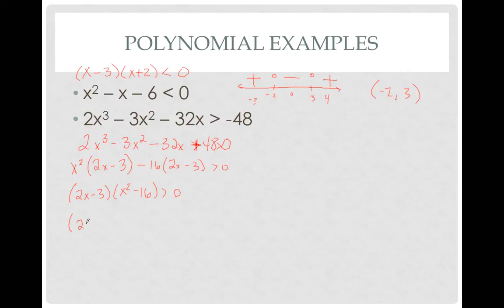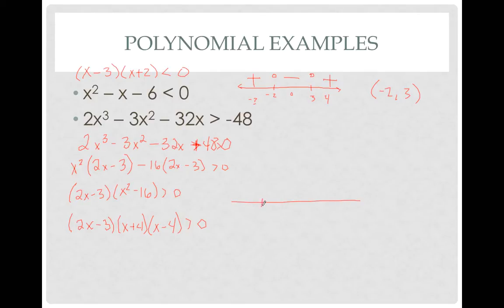Okay, well now I got to do another factoring because x squared minus 16 is x plus 4 and x minus 4. But now that I have it fully factored, I can do my sign chart.